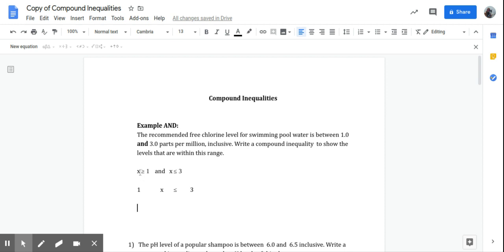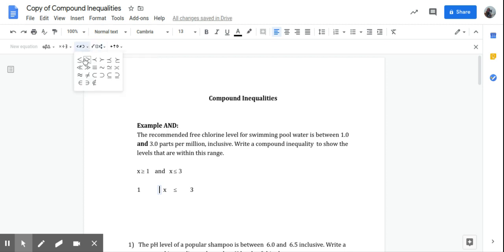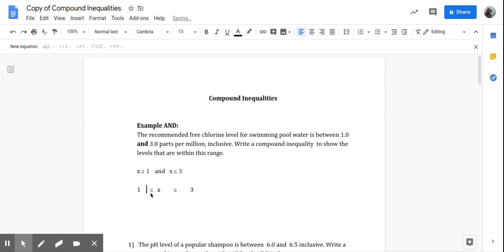It says x is greater than or equal to 1, so you have to read it x greater than or equal 1. The trick is that you end up flipping the inequality sign so it becomes less than. Because think about it, when you're reading this, it says x, this x is greater than or equal to 1, and x is less than or equal to 3. This is the way it always works out for the and statements. It always looks like this at the end.